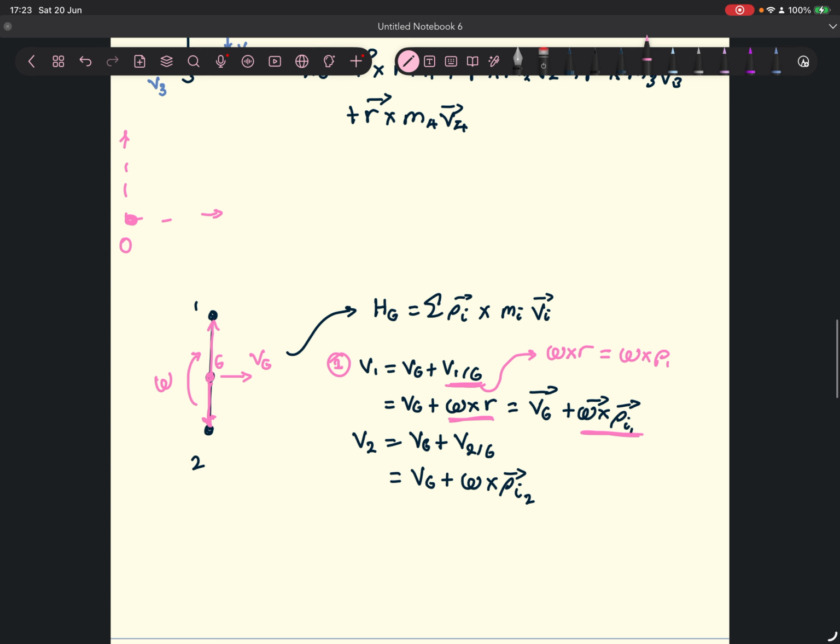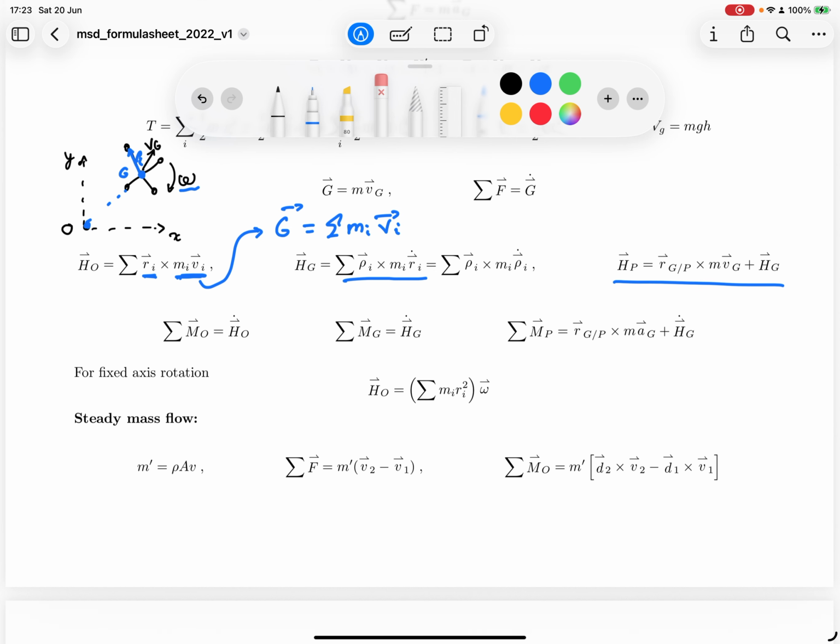Okay. And then same with particle 2. We need the relative velocity of particle 2 with G, which is just V2 relative to G. From chapter 5, we decompose this to omega crossed with R, which is going to be equal to omega crossed with rho 2. Okay, and that's it. So depending on which one is easier, you would either use this one or you would use this equation.